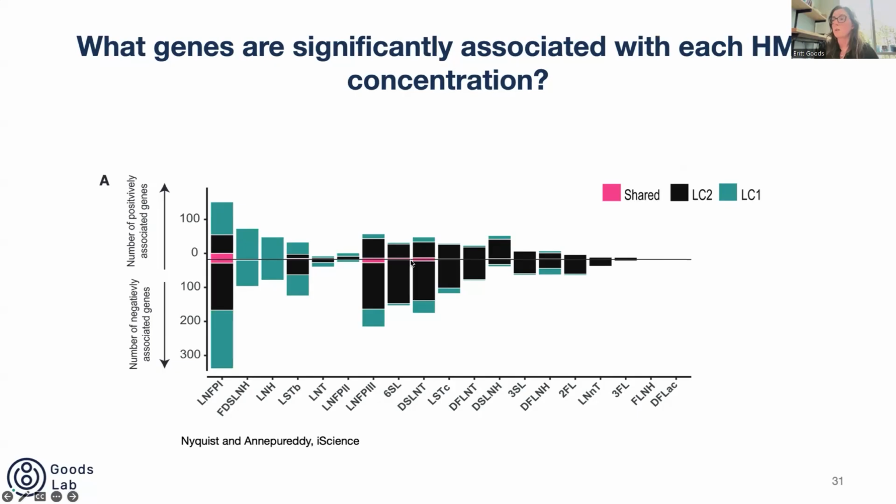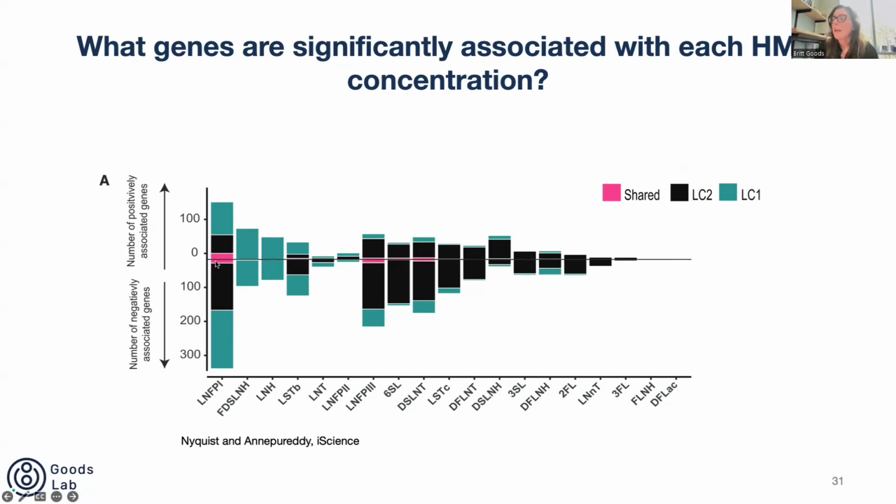I think what's really striking about this plot is that a lot of the genes that appear to be either positively or negatively associated with a given HMO are not shared. Most of them actually appear to be quite unique, which could suggest that these cell types are using different gene programs to drive or support the production of HMOs, even if the enzymes used for each step are the same.